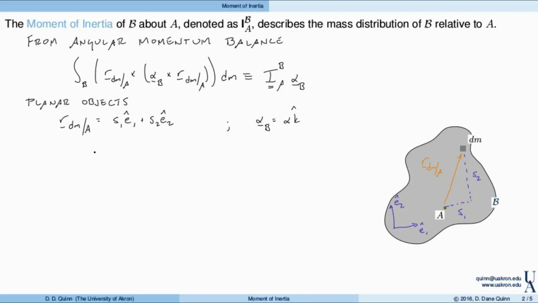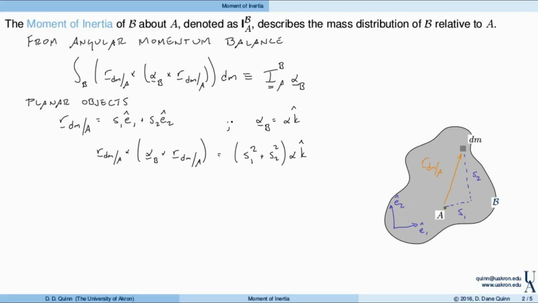As a result, the argument of this integral, which is r of dm with respect to A cross alpha cross r dm with respect to A, reduces to s1 squared plus s2 squared times alpha in the k direction.